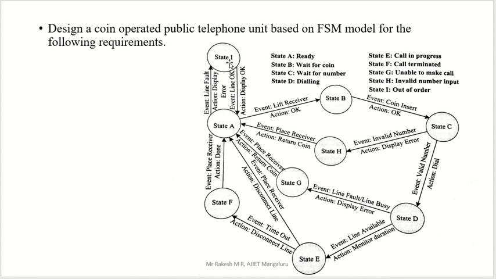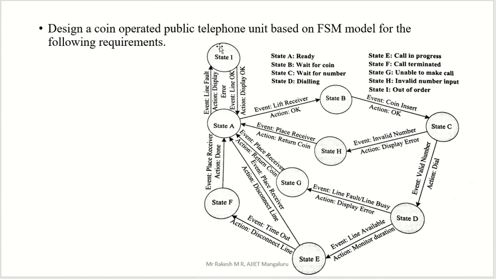But we have another one, state I, that is out of order. When we get the out of order state, see we have state A, that is the ready state. What is the event we have? Line fault. If the line is not proper when you are taking your phone receiver, then you get a display error because of some telephone booth problem or some connection problem. There is no line connected, so at that time you get a display error.